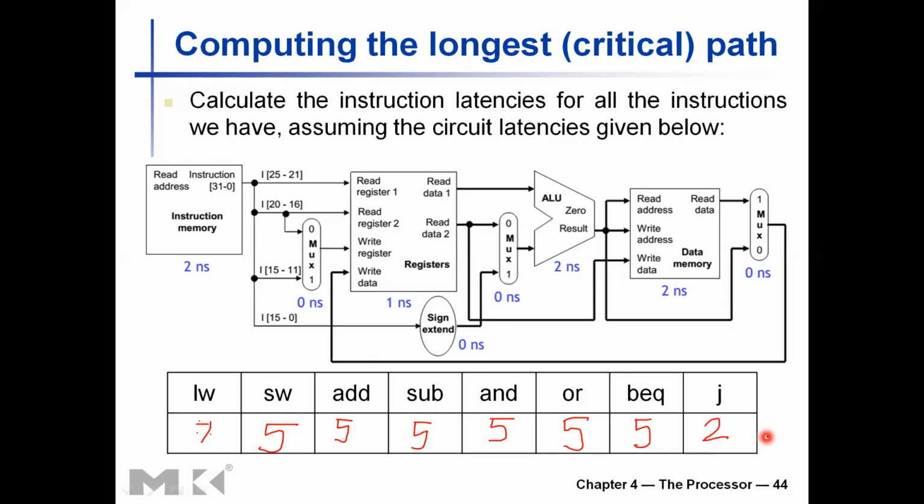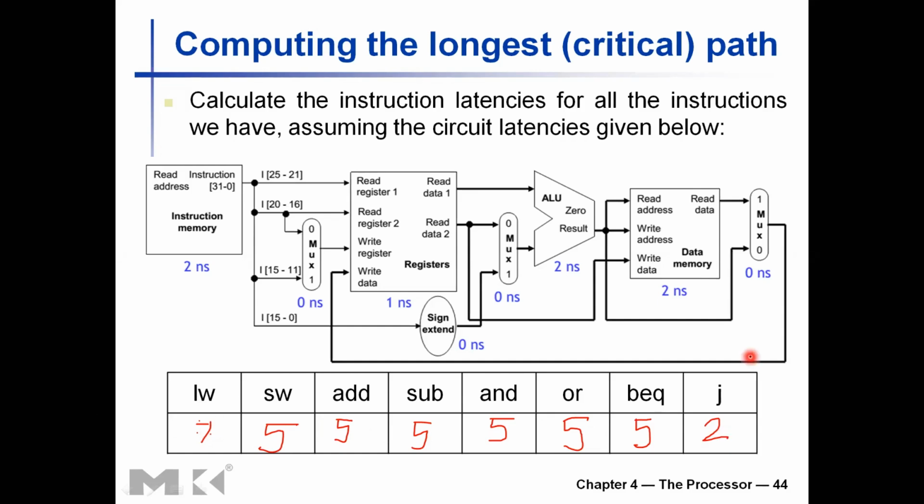So we can see that these different types of instructions consume different times. R type, store word, and most of these instructions need 5 nanoseconds between two positive clock edges. Load word needs 7 nanoseconds between two positive clock edges, and jump only needs 2 nanoseconds.